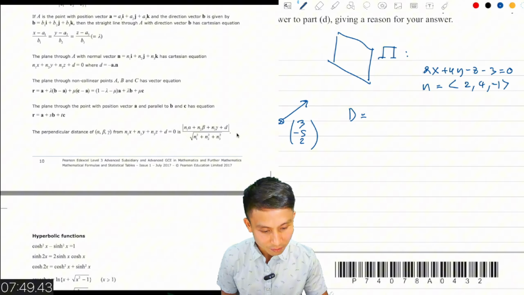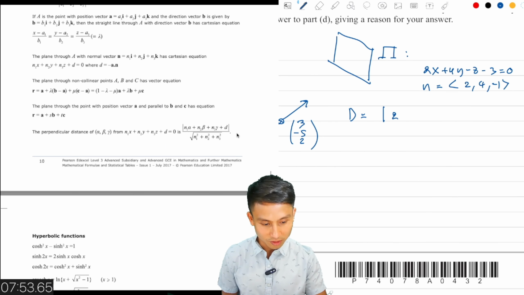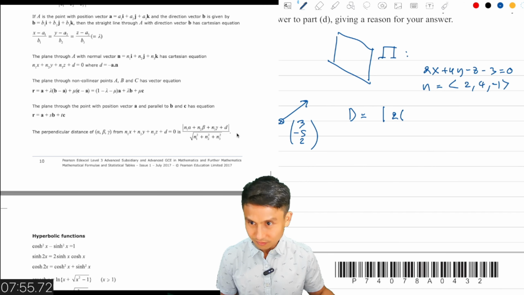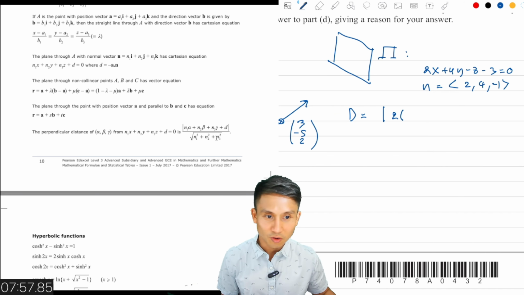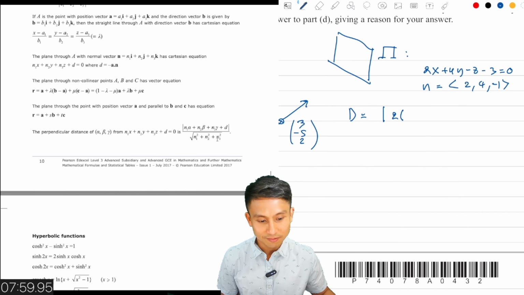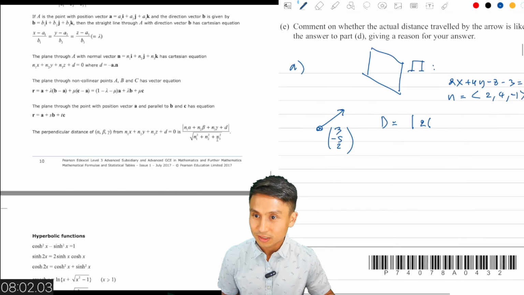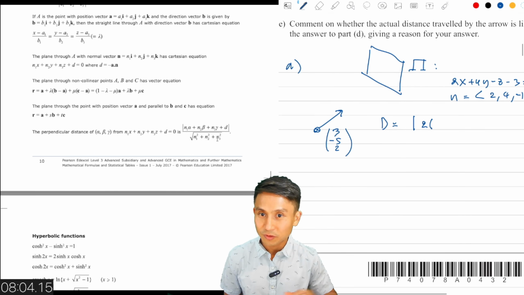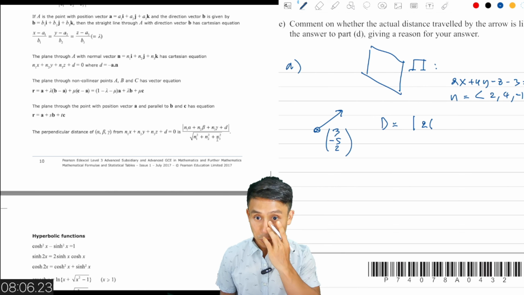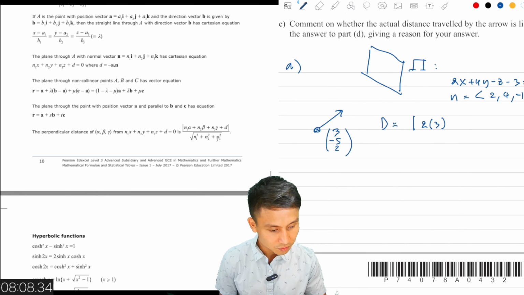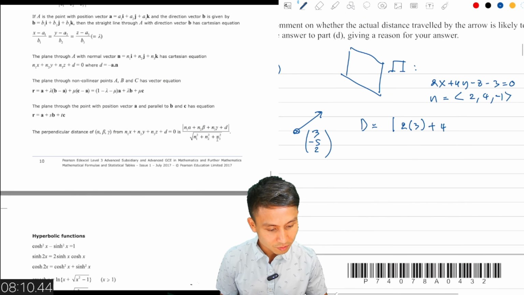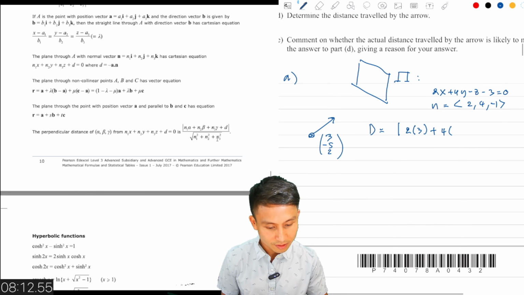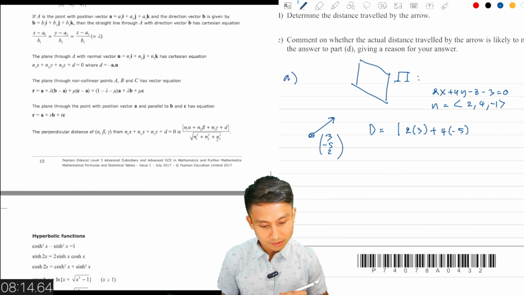Yeah, and then we're going to have absolute, okay, so n1 is 2. That's the first component of the normal vector, times the first component of the point, which was 3, minus 5, 2, right? So 2 times 3 plus, and then the second normal component is 4, the second is minus 5.